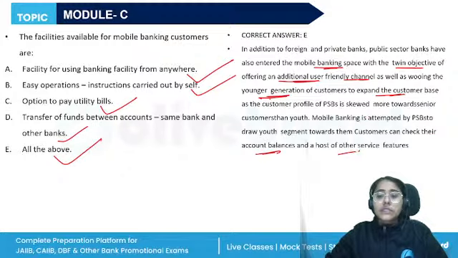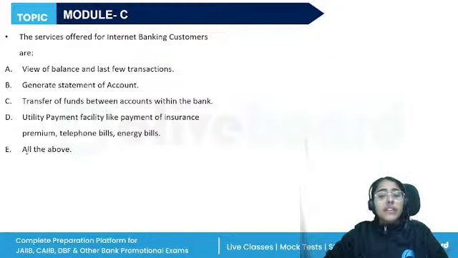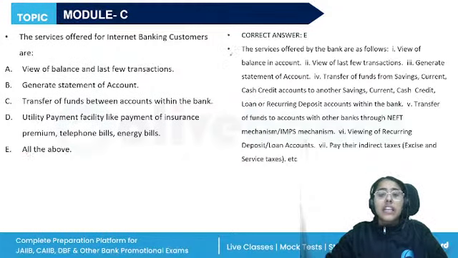Right? So the customers can check their account balances, host of other service features, and so on. Transfer of funds between accounts within the bank, utility payment facility like payment of insurance premium, telephone bills, energy bills, or all of the above. So for this question also, the correct answer is E, all of the above.